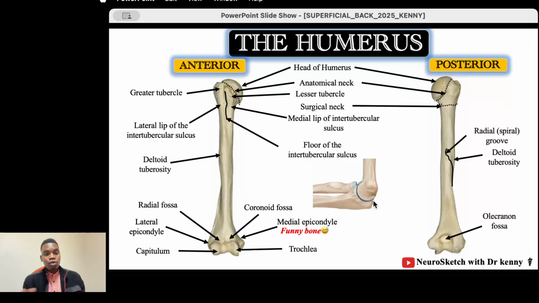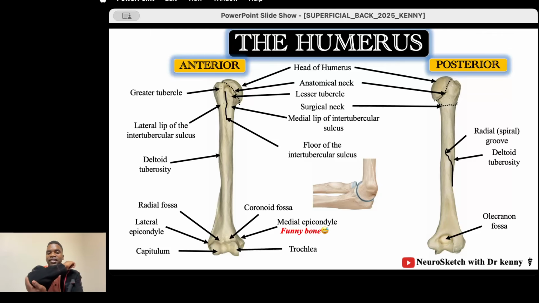We will have our time to discuss the bones of the forearm, the radius and ulna, but at this moment you know that this part is known as the olecranon, which is going to lock within the olecranon fossa to limit the extent of extension.